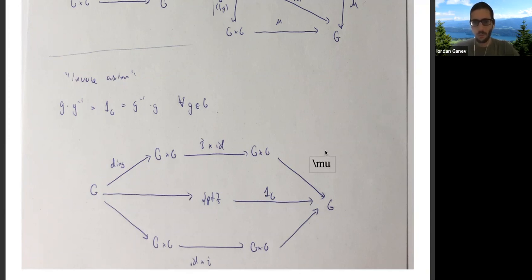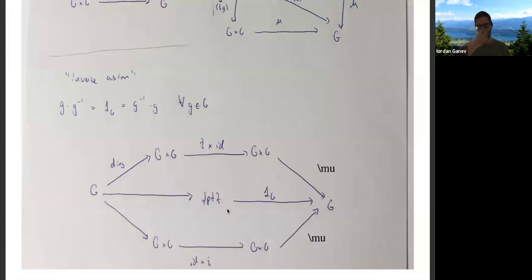I guess most of you are familiar with LaTeX, so I'm just going to write it this way. This is also the diagonal map. And here we do the inverse map in the first coordinate and just the identity map in the second coordinate. Here we do the opposite. And this map takes all of G to a point.